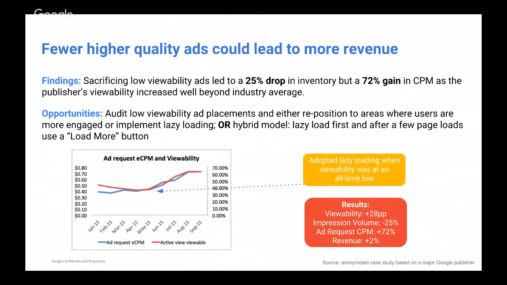Now, before we jump into some of these findings that we're sharing with you: last year, during the summer, we ran some tests and experiments with multiple of our large publishers and also publishers with smaller size. We were curious about the impact of viewability on certain metrics.